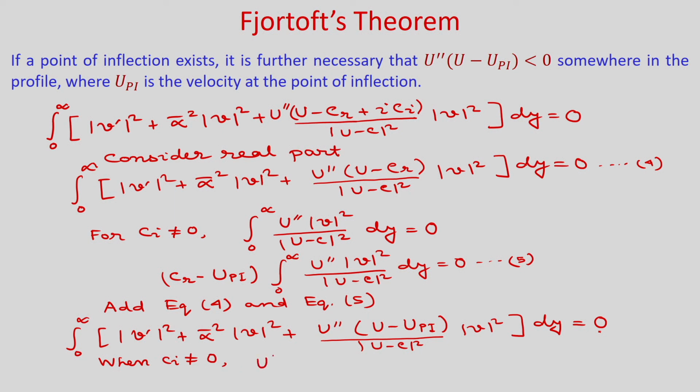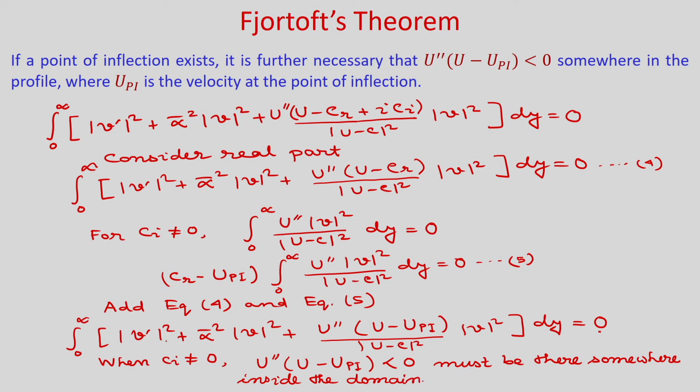So, u double prime into u minus UPI less than 0 must be there somewhere inside the domain. Okay. So, you can see that these are positive, so this has to be less than 0 somewhere in the domain to make this integral equal to 0.